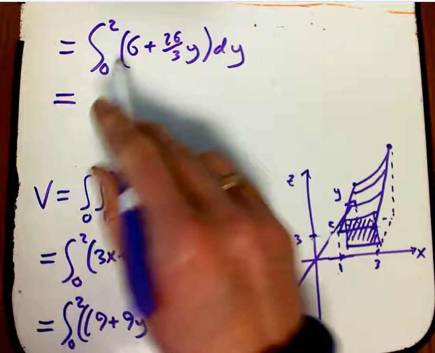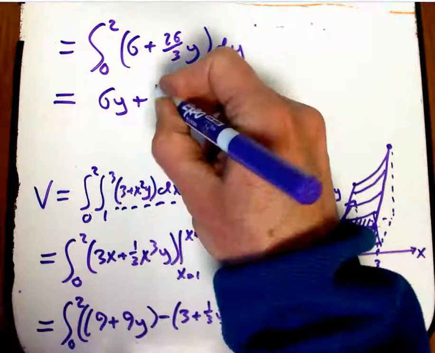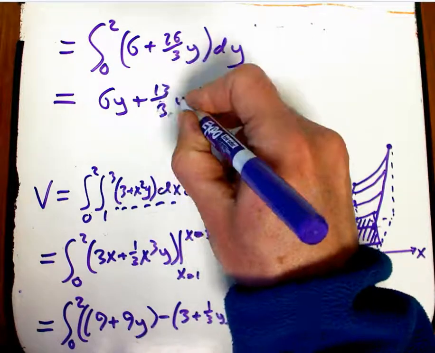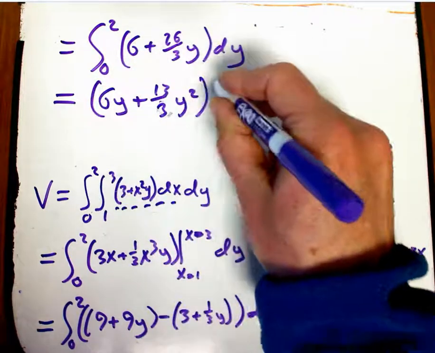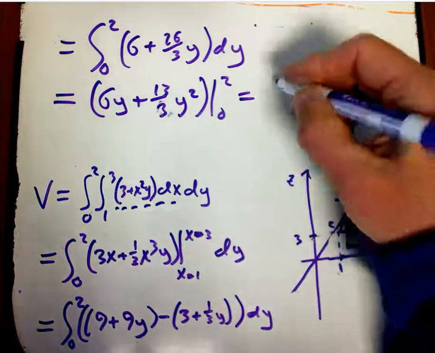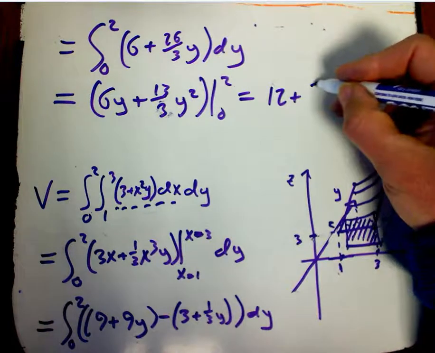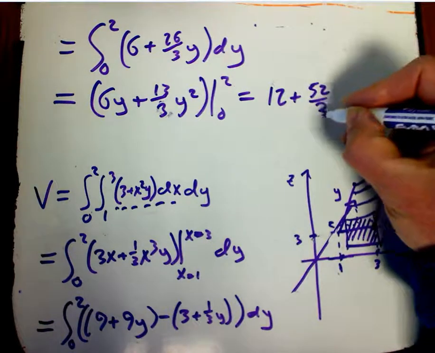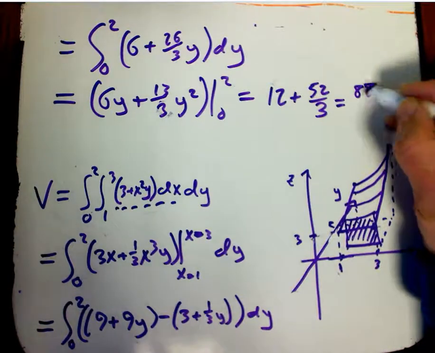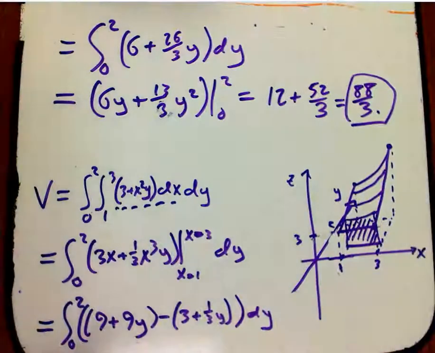Okay, and now we get to integrate that in y, and we get 6y plus 13/3, not 13/13ths, 13/3 y squared, all from 0 to 2. Luckily, the 0 just dies, and we're going to get 12 plus 52/3. Might as well do a common denominator, 88/3. And that's the volume as an iterated integral.